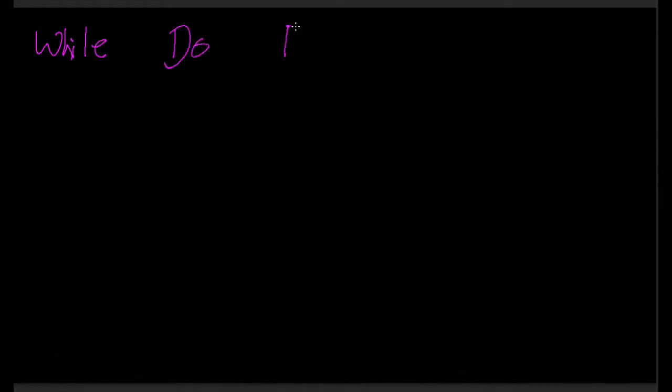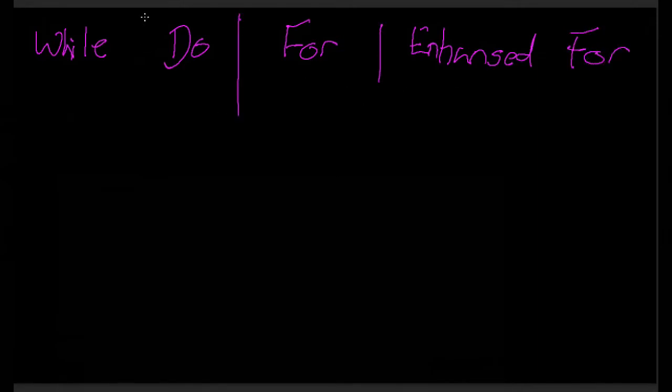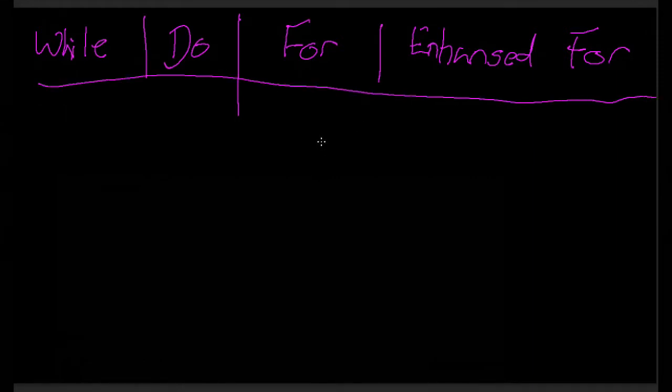We have one called a for loop. And then we have one called an enhanced for loop. I don't know if I actually spelled that right. So these are our four types of loops.